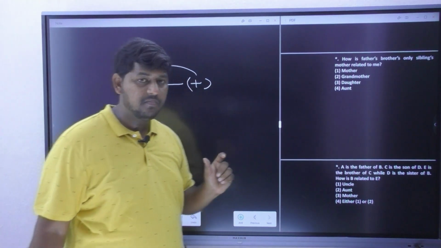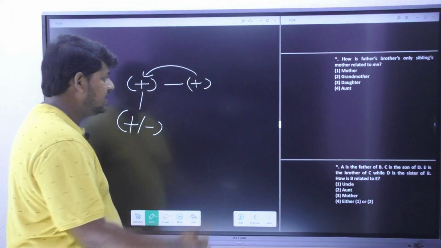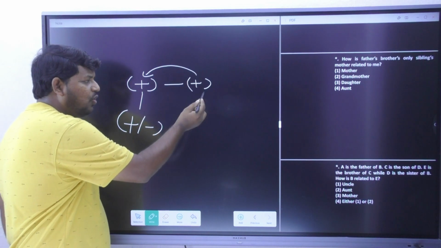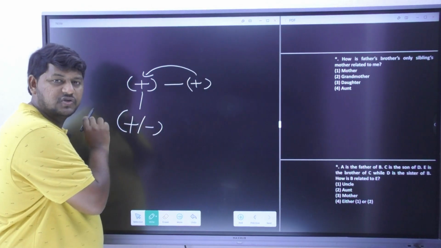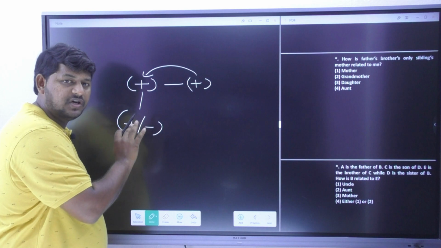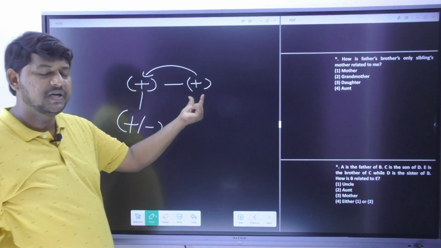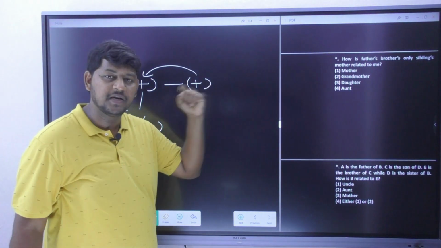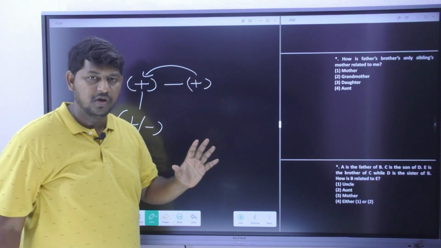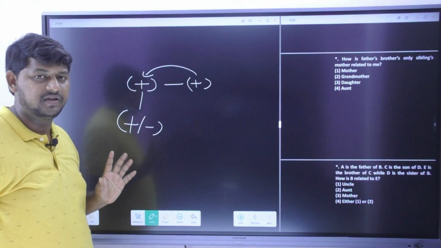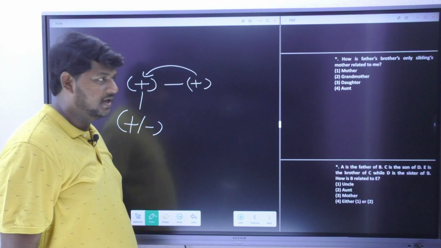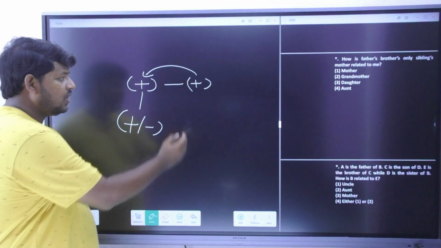So please remember, only mentions this fellow is having only one sibling, which is drawing back to the speaker's father. You cannot say that this person might be having another brother or another sister. No, because only sibling, there should be only one person. Am I clear? Right, next.